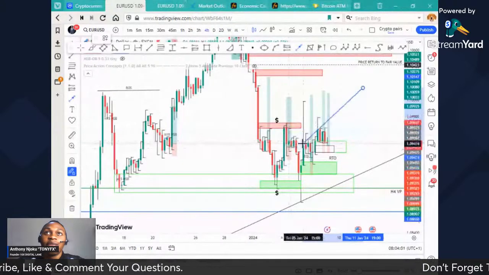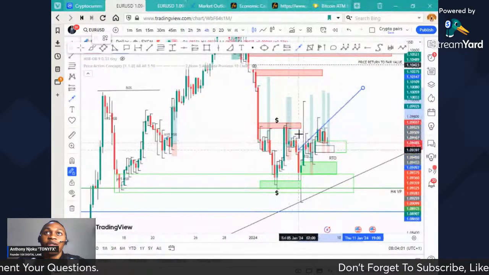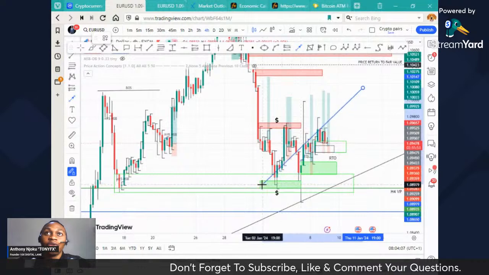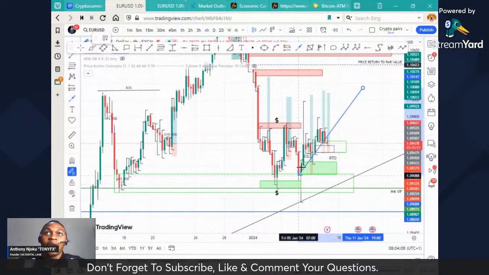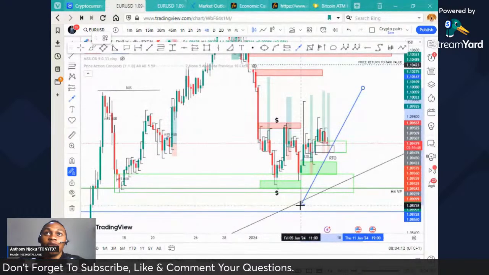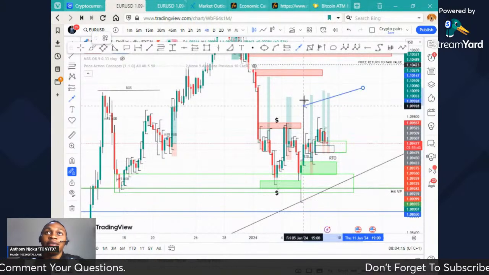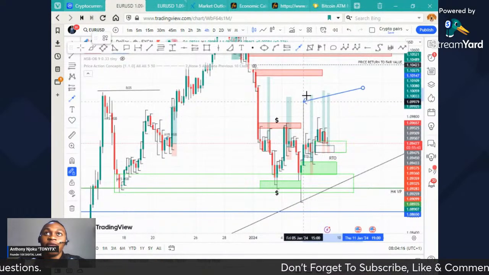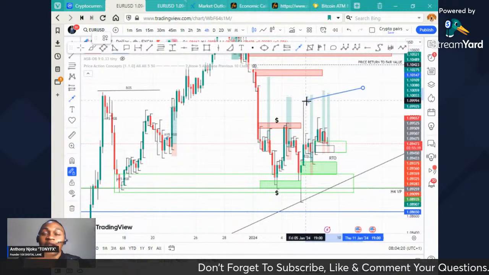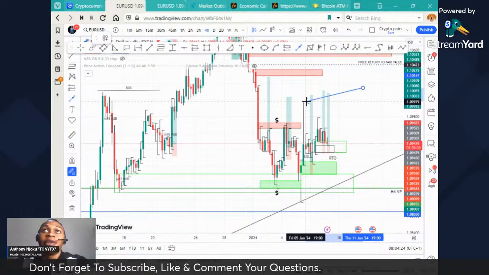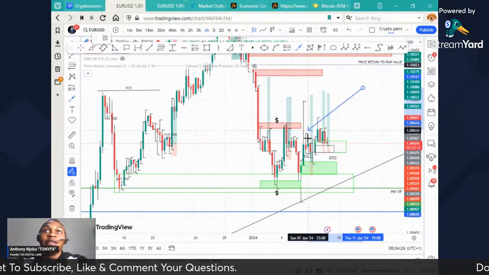Then the market came back down and created this resistance and support. We had NFP, a liquidity grab, tapped the trend line, and then NFP continuation last week before the week ended. A liquidity grab as well for those who are selling.